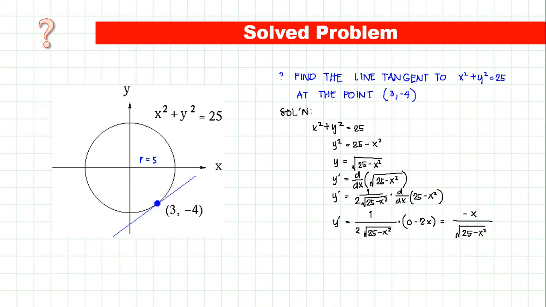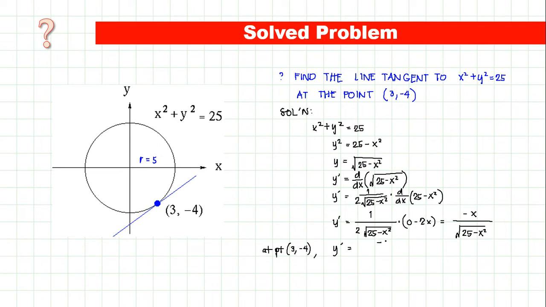In this case, we have already gotten our derivative. Now we substitute our value of x. So the slope at the point 3 and negative 4, at this point, what is our slope? That is y prime. We substitute the values of x and y into the y prime we got.